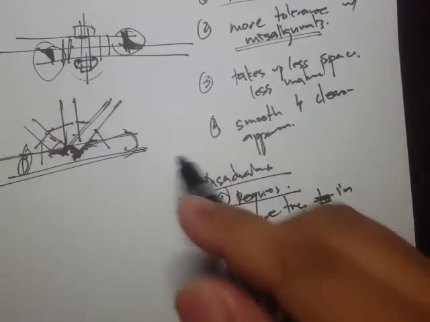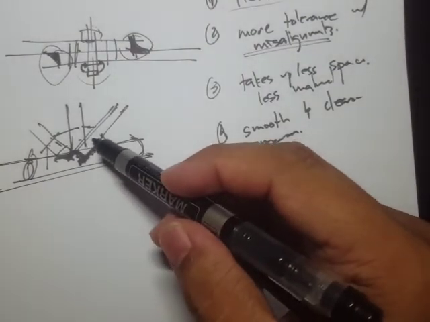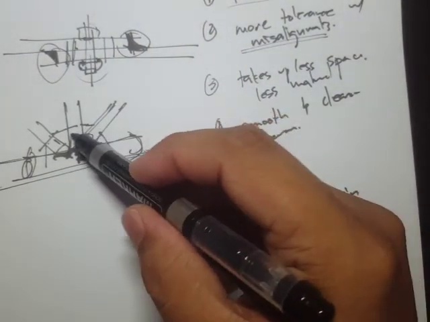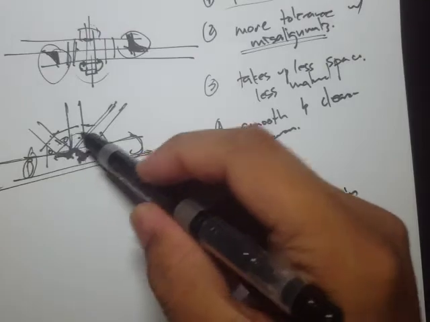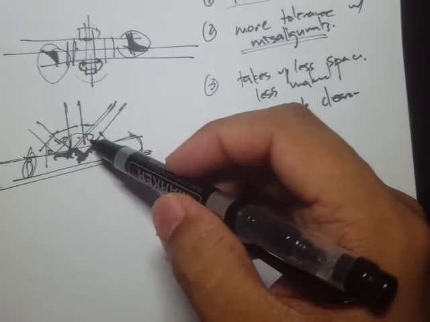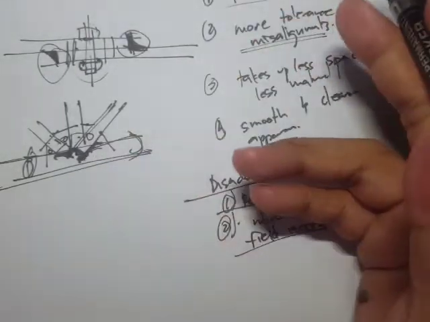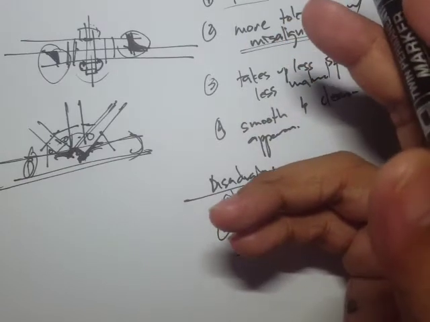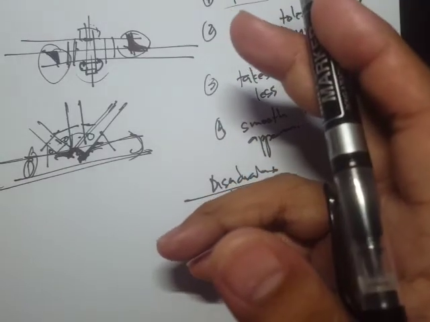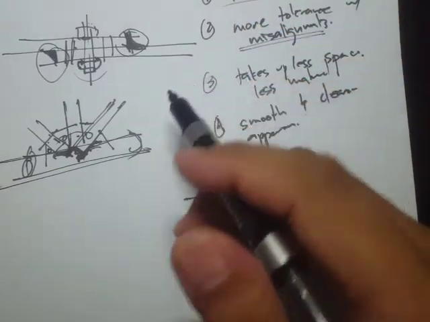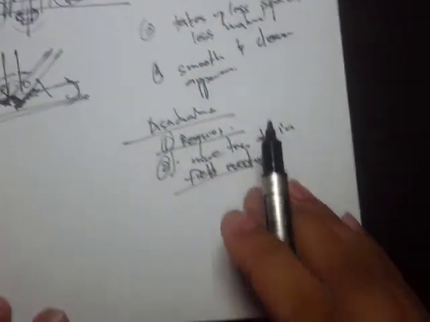Because in bolting, although it requires holes, these holes can be fabricated not on site, but in a shop, and then it's just installed in the field.